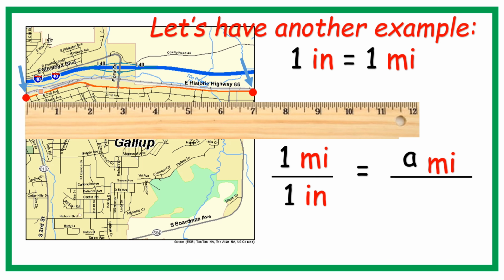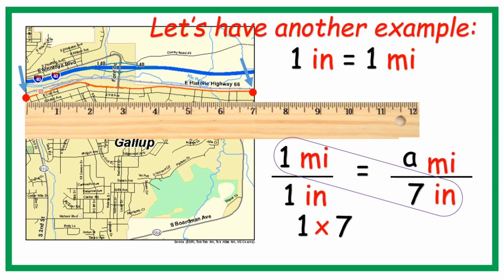Now, let's measure the inches in this map. We have 7 inches. So, we need to solve for the miles. How are we going to do that? Simply by using cross multiplication.